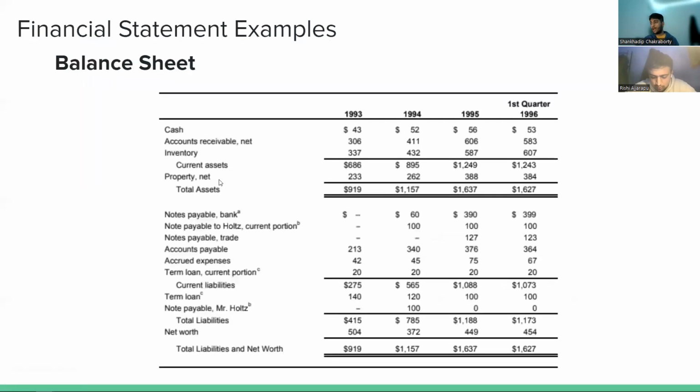Balance sheet. So I said right hand and left hand side. Over here, it's more the top and the bottom. So this would be assets, or total assets. So this would be the left hand side, sorry. And then this would be liabilities.